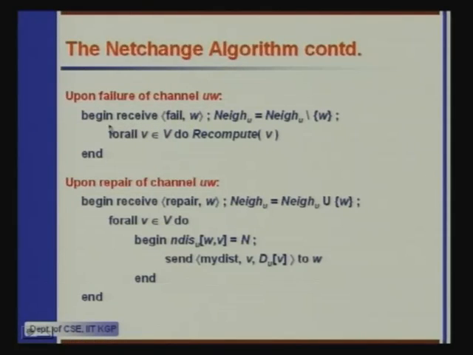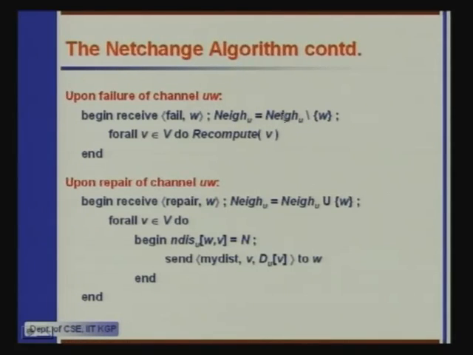Now, what does node U do when it receives a failed W message? It takes W off its list of neighbors, because now the channel to W has failed. So, W is no longer a neighbor of U.